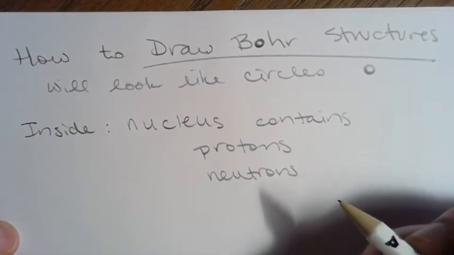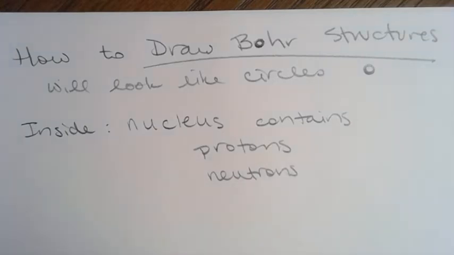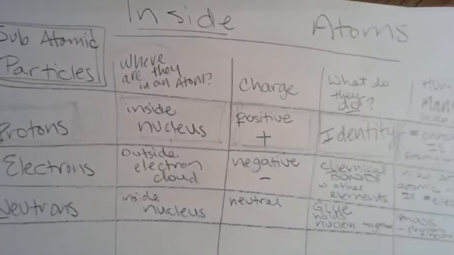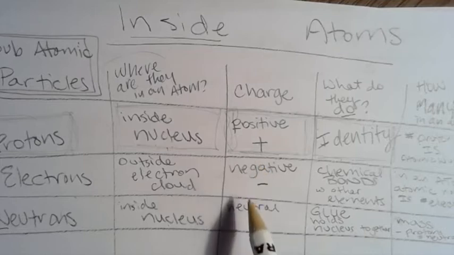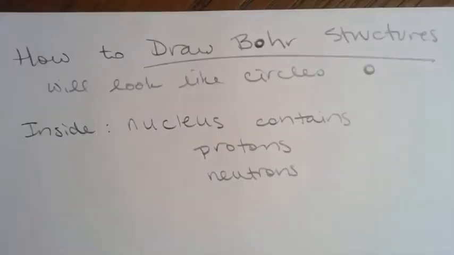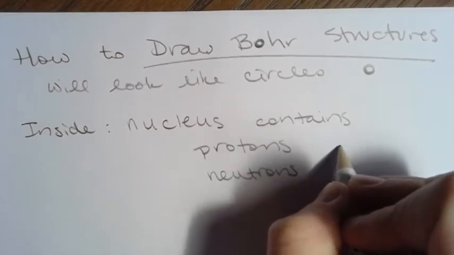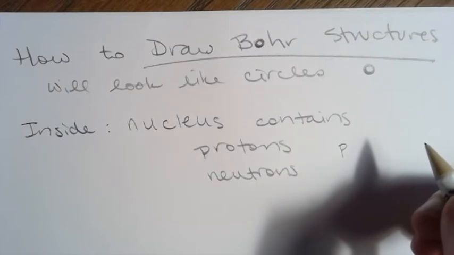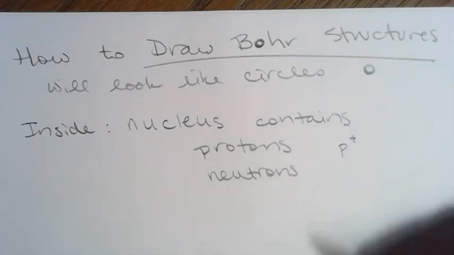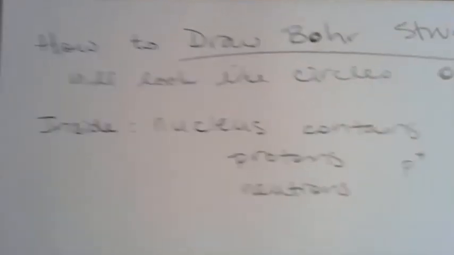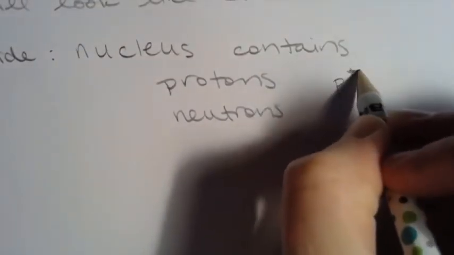We sometimes use little symbols for these particles. We did not include it on your chart, however, we gave you some clues in this next column, this charge thing, to reference that. Your protons can have a little symbol of P for proton, and the charge written right there. So a P with a little plus sign means proton.